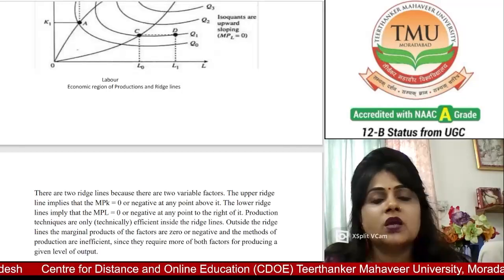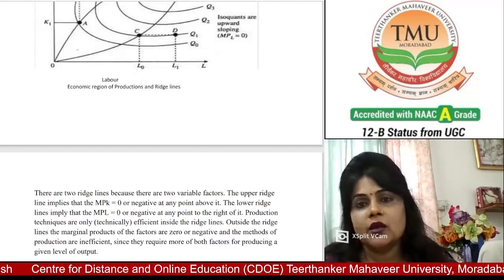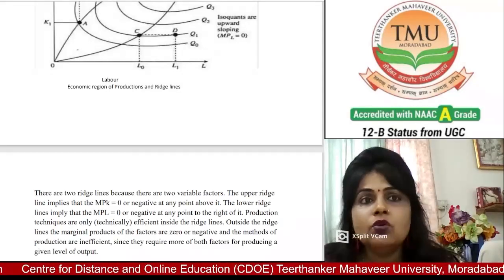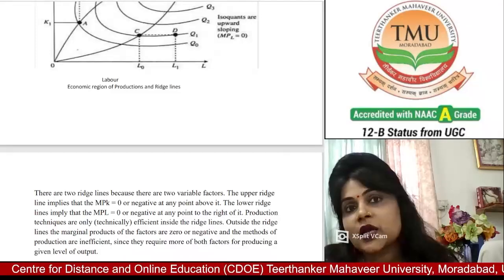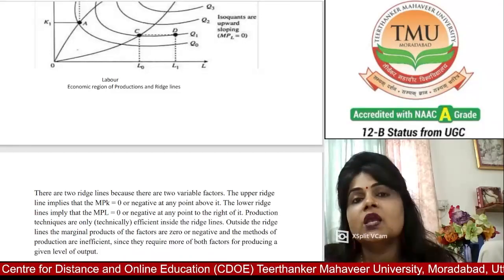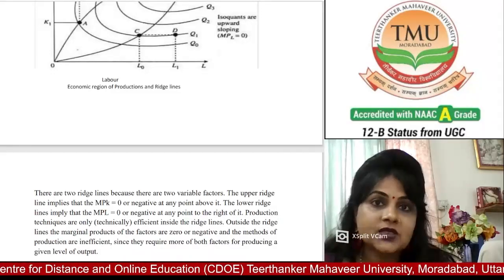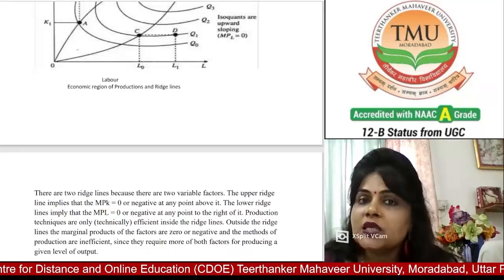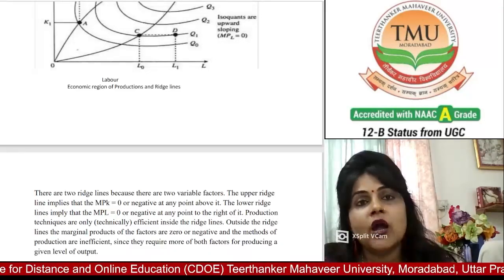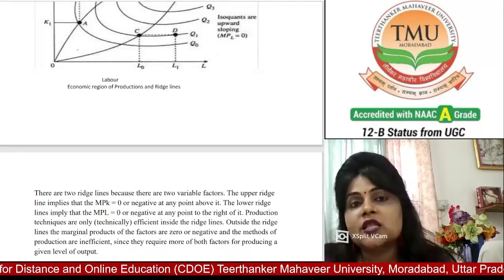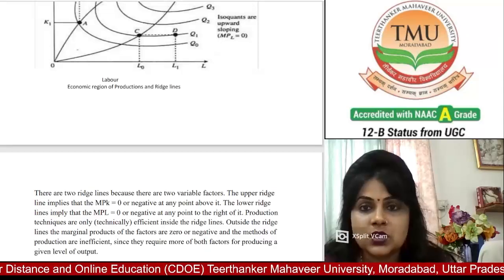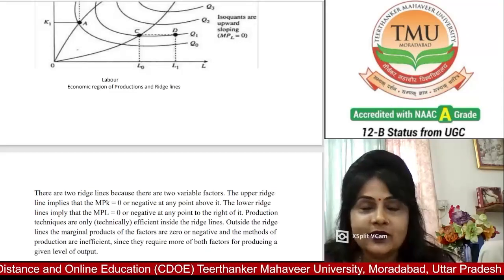Students, I think you completely understood what the ridge line is and what the economic area is. It is the economic area because outside it, MPL is 0 and above the ridge line MPK is also 0. So I think you understood it.